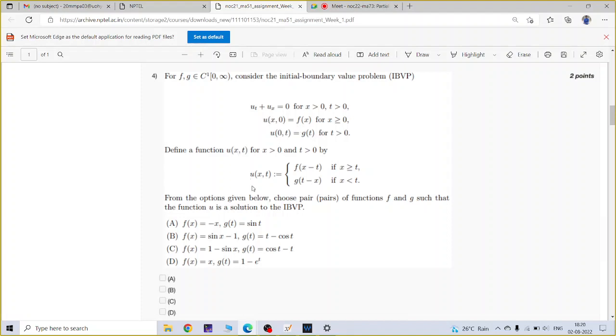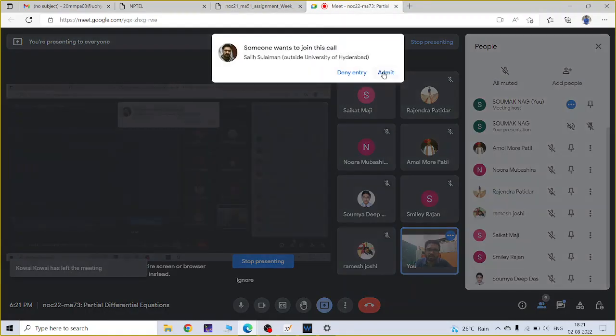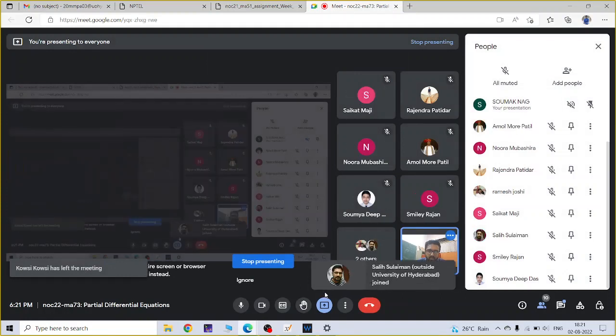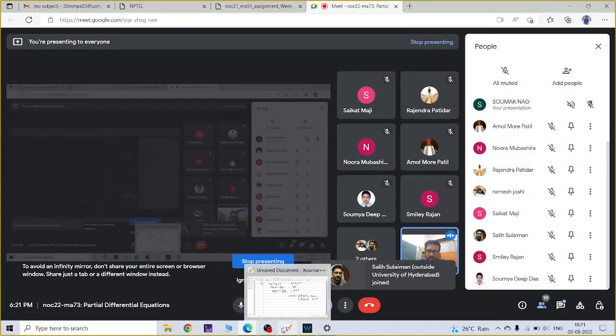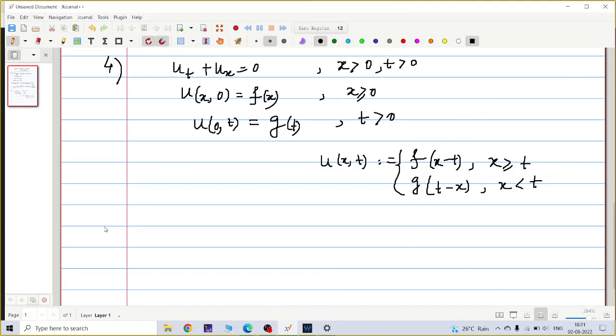So the solution is obtained as u(x,t) equal to f of x minus t and g of t minus x on two conditions. There are four options given: which of the following pairs gives the solution of this initial value problem? Okay, so let me solve this. Solution.